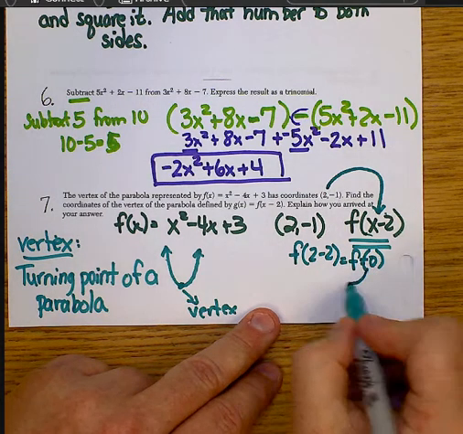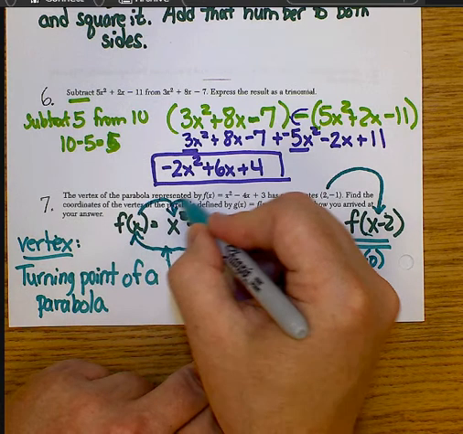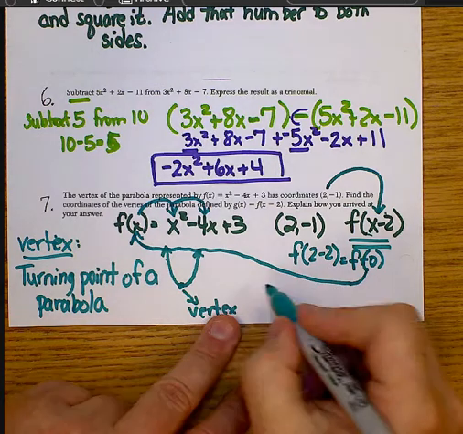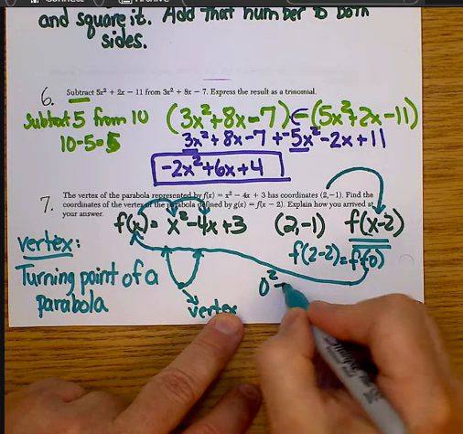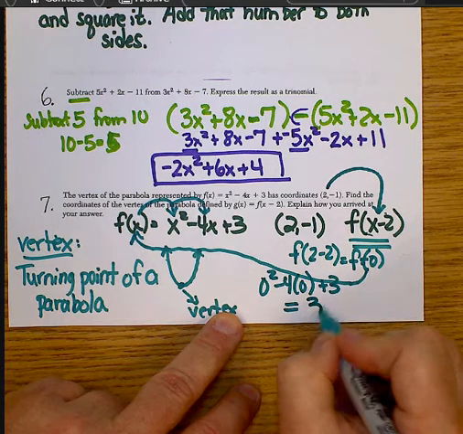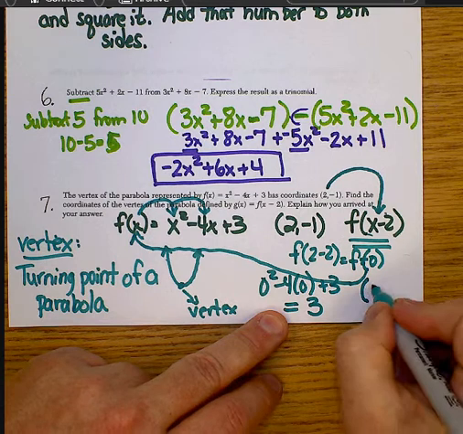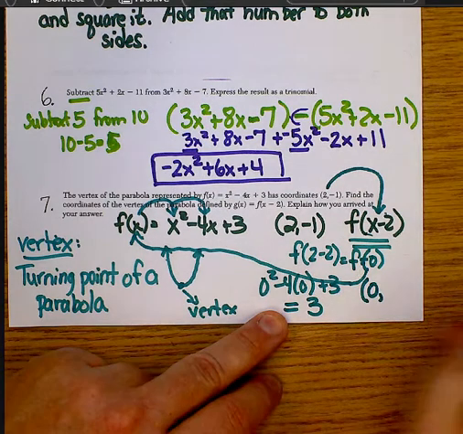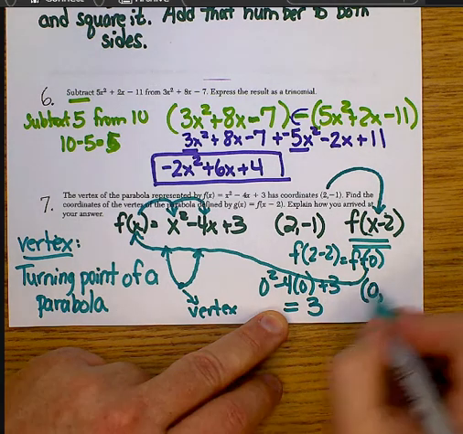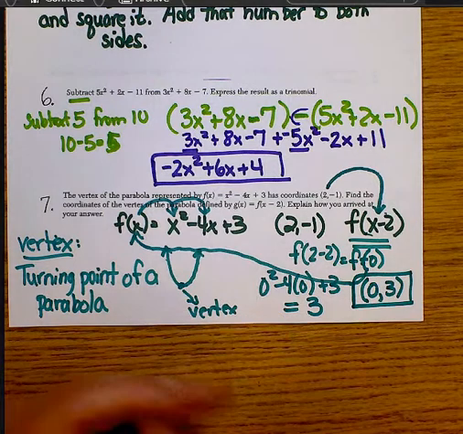Well, f of 0 means come over to here and plug 0 into every one of these x's and see what you get. Well, if I plug 0 in, I'm going to get 0 squared minus 4 times 0 plus 3. This is going to equal 3. So my new vertex is going to be, x is going to be 0, because it's going to be the old x minus 2. And then the new y coordinate that goes with that 0 is 3. And that's it.